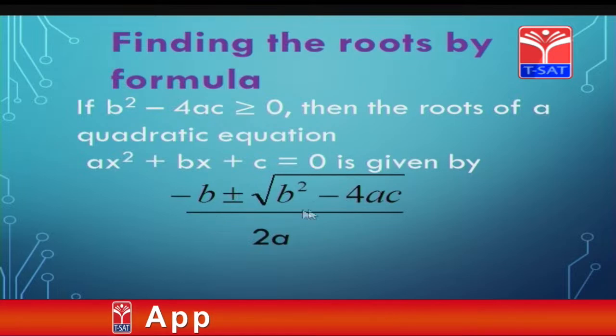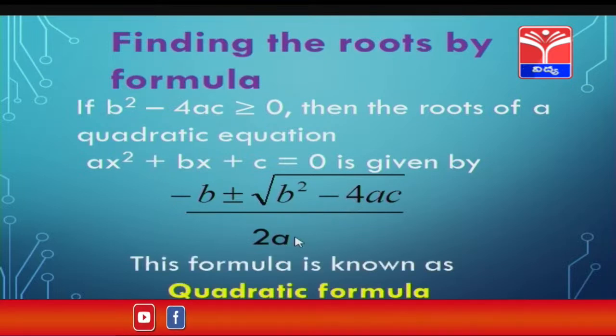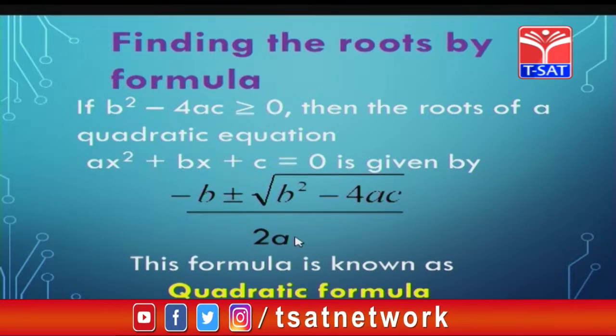I repeat the formula: minus b plus or minus under root b square minus 4ac by 2a. This formula is known as the quadratic formula. Now, let us try how to use this formula in the given equation.